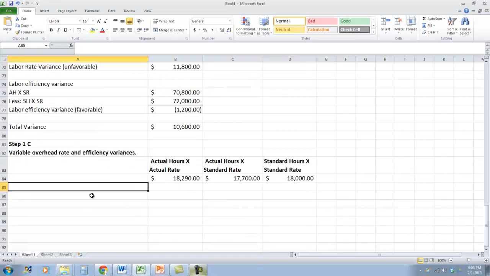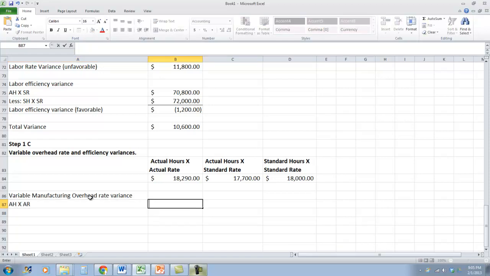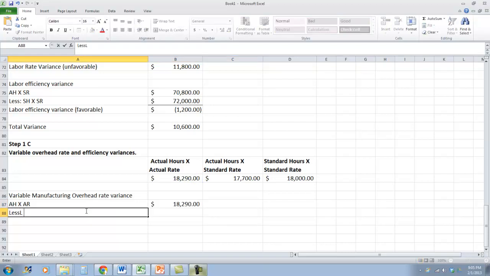So calculating variable manufacturing overhead rate variance. So this is a rate variance. We do that by actual hours times actual rate, less actual hours times standard rate.